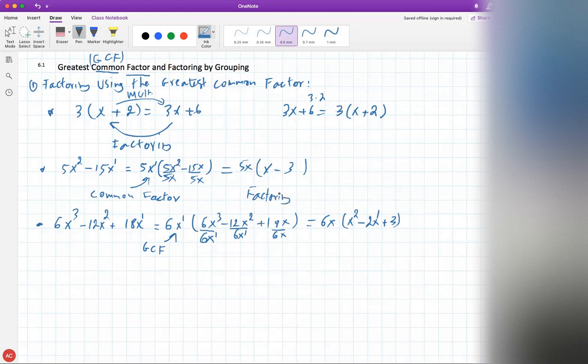You can define factoring in different ways, but one of them is that factoring is turning additions and subtractions of terms into a product or a multiplication.